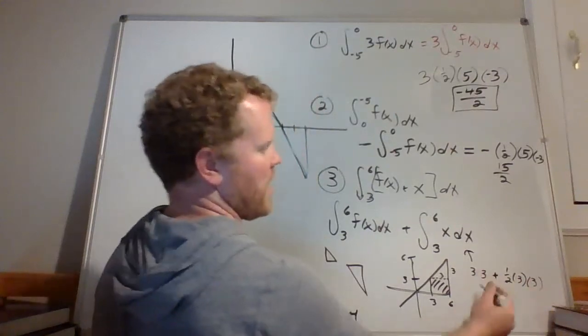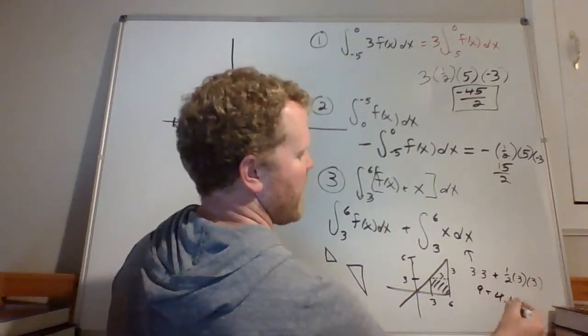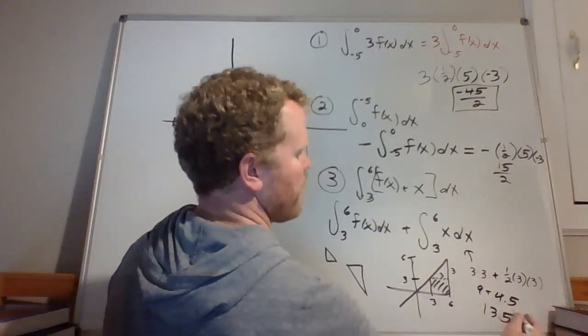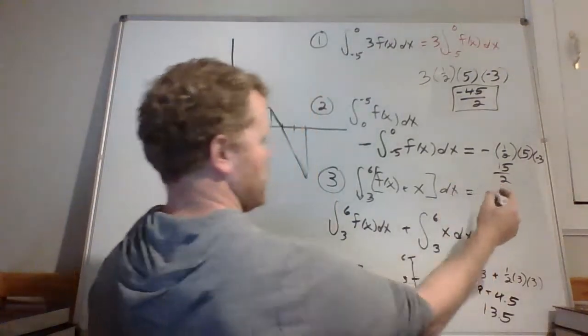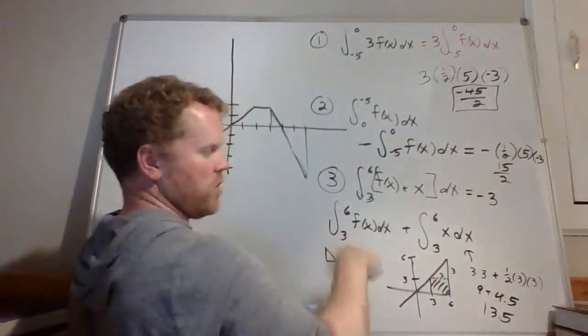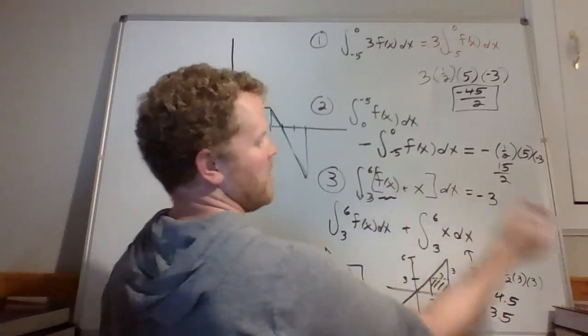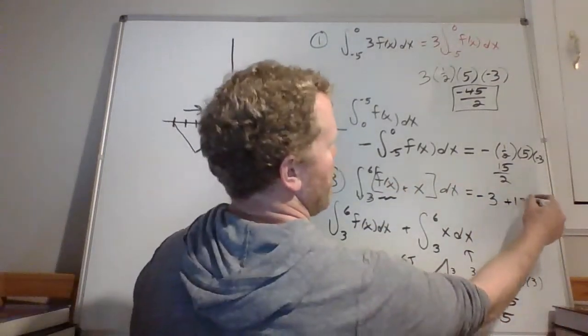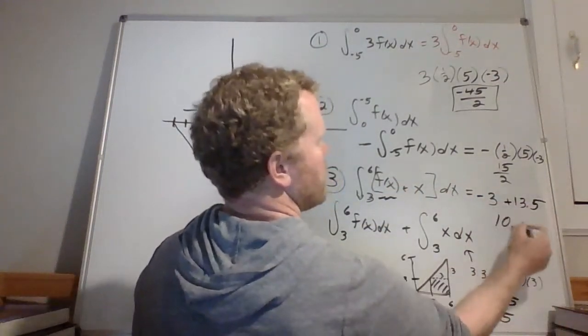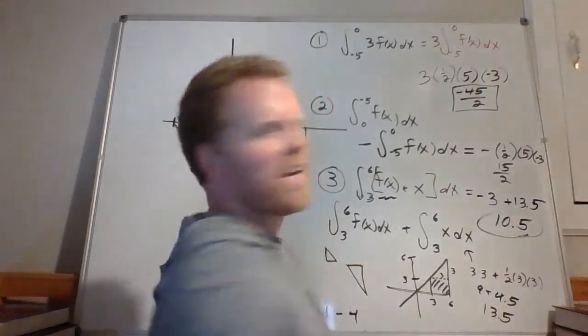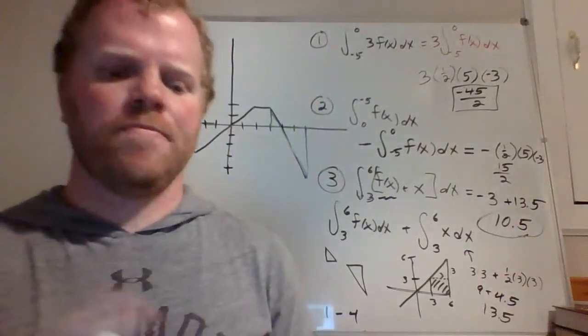So that's 9 plus 4.5, that's 13.5. Overall, this final answer should be negative 3 for the first little piece, and 13.5 for the second little piece. That's 10.5. Ta-da, you're done.